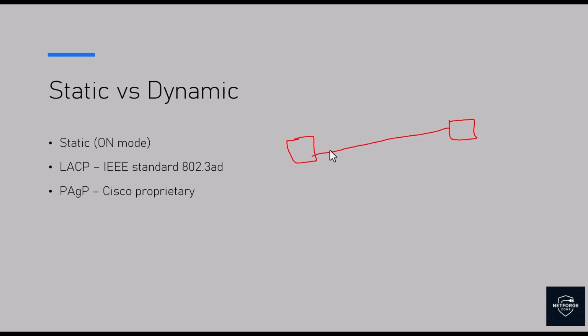This is very ugly actually, let me just draw it one more time. So this is in here, and I have 2 links in here. Switch 1 and switch 2 are going to configure link aggregation. They can either talk to each other to create a bundle out of these 2 links, or they can do it separately. If they do it separately, this means that we are using static mode.